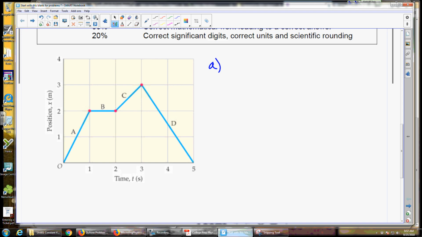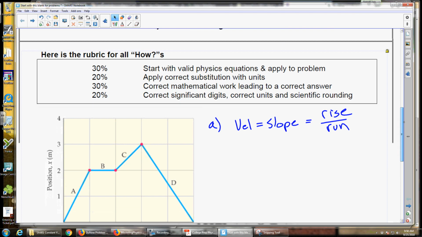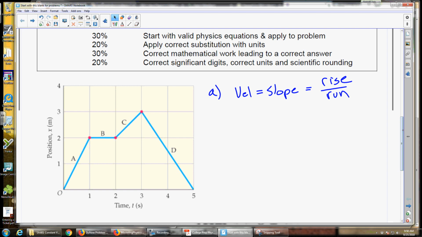And we know the velocity equals the slope. And you guys know that slope for math is rise over run. If I was looking for the physics equation, because remember, I want to satisfy this rubric here, valid physics equation.